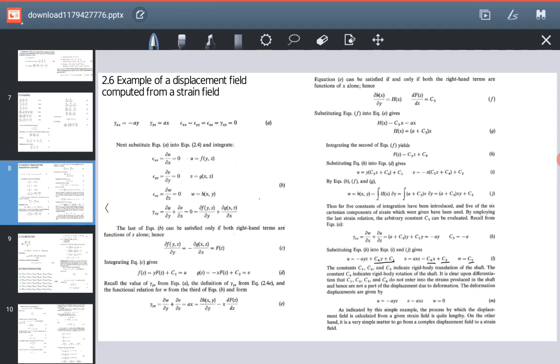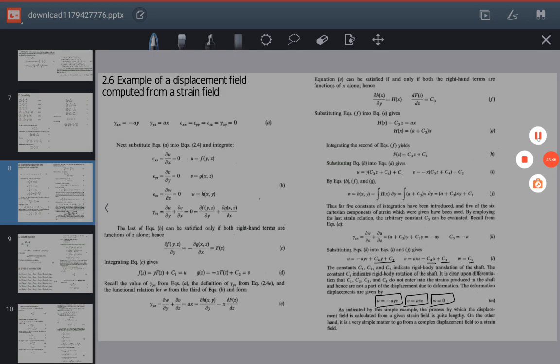So since they actually have no value in contributing to the strain, we can actually neglect all these c's, and we can eventually arrive at these expressions. These expressions actually state how strain will be affected upon the application of stress on a shaft. So this was our objective.